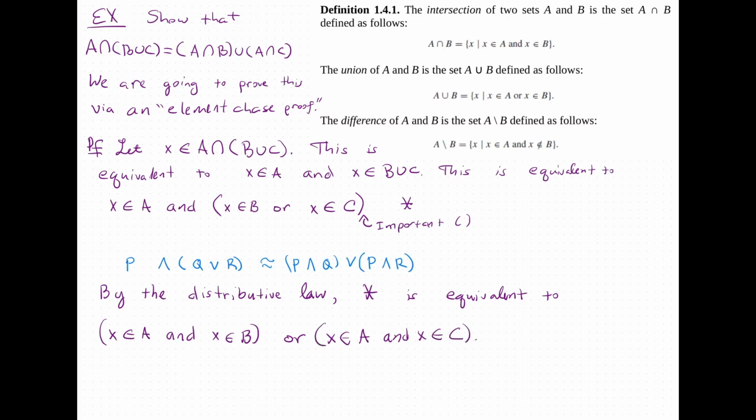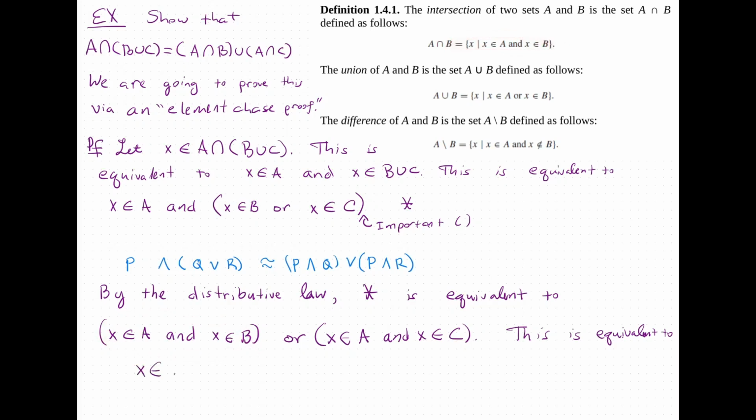But now this is equivalent to the following. So now we're going to do it in reverse. By reversing the definition, x in A and x in B is the definition of what it means to be in the intersection.